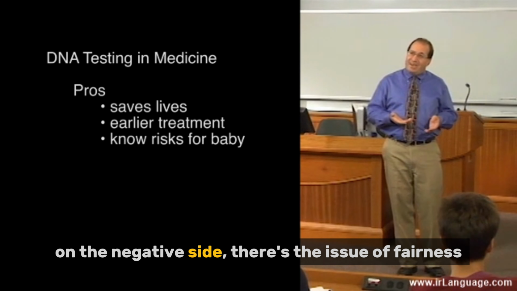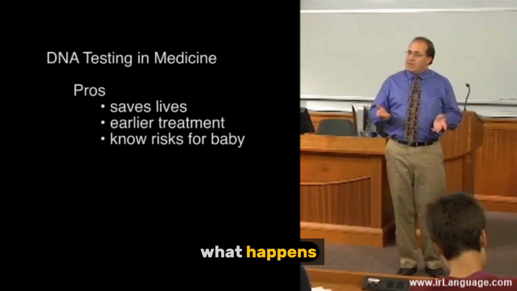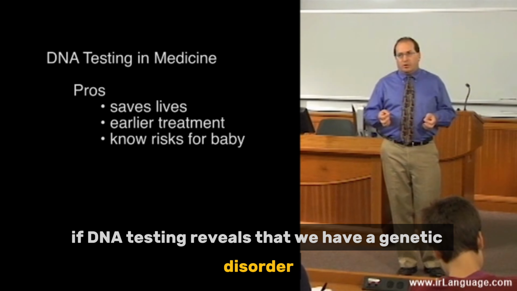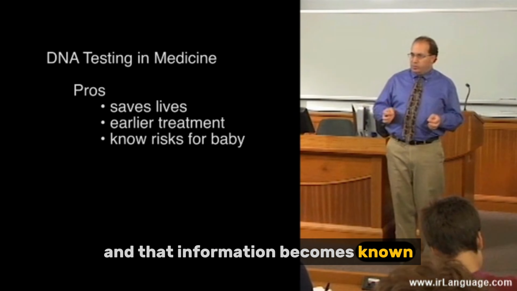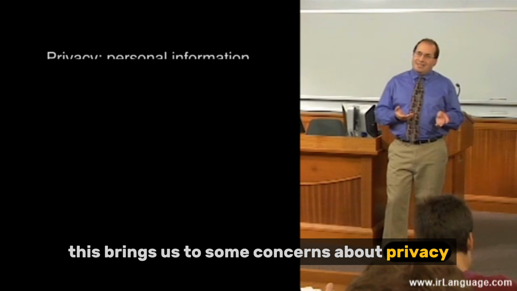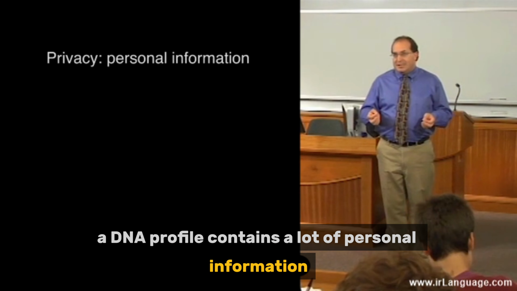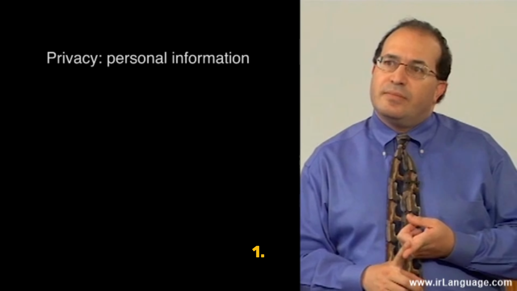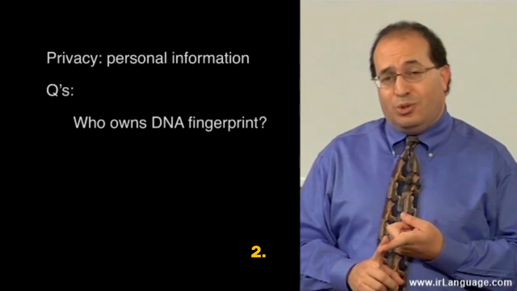On the negative side, there's the issue of fairness. What happens if DNA testing reveals that we have a genetic disorder that could cause a disease, and that information becomes known? This brings us to some concerns about privacy. A DNA profile contains a lot of personal information. So I'd like you to think about the following questions. 1. Who should own the DNA fingerprint once it's made? 2.